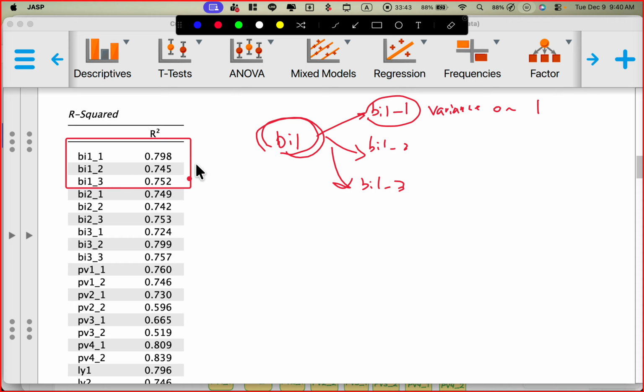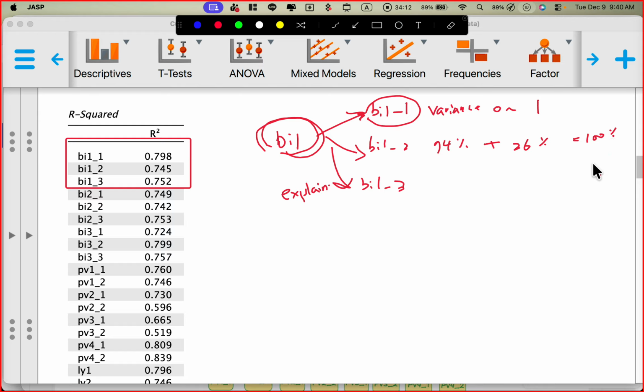And for BI1-2, the construct can explain around 74% of its variance. The proportion that it cannot explain is around 26%, if the total is 100%, right?